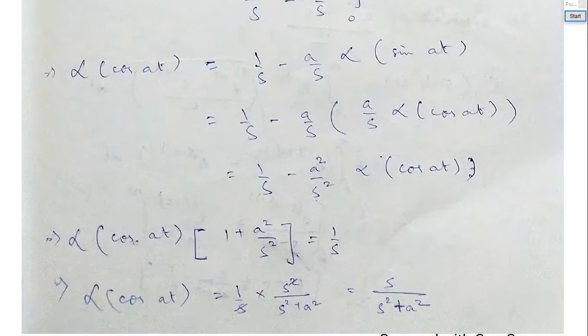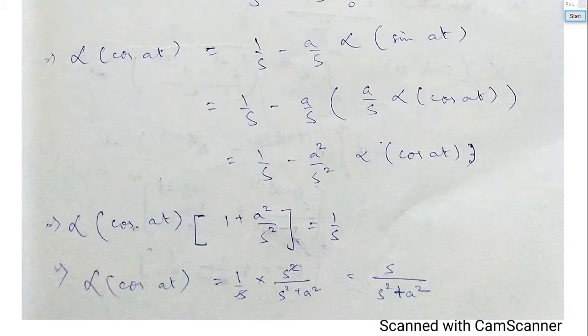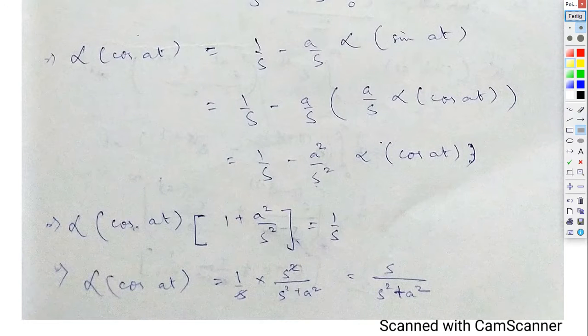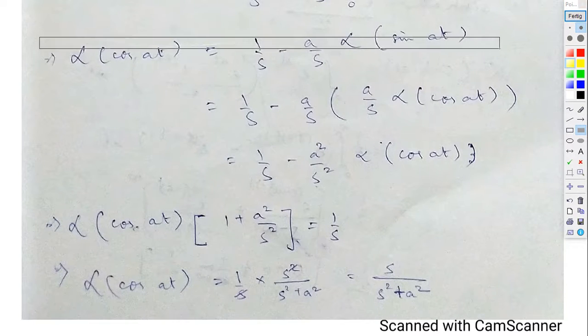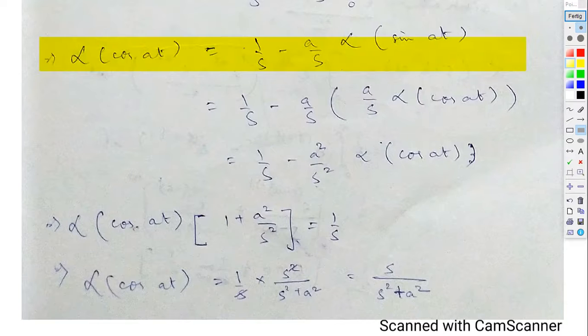We know the relation, and here we get one of the important formulas: the Laplace of cos at equals 1 by s minus a by s times the Laplace of sin at, and the Laplace of sin at can be converted to a by s times the Laplace of cos at.